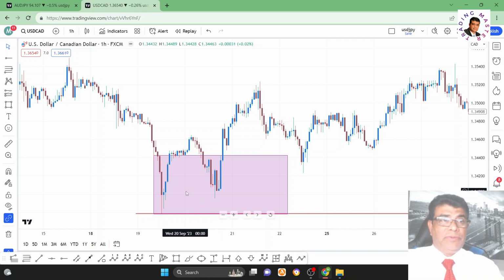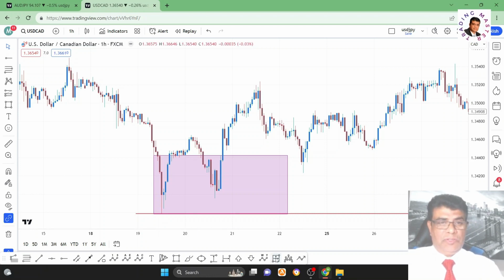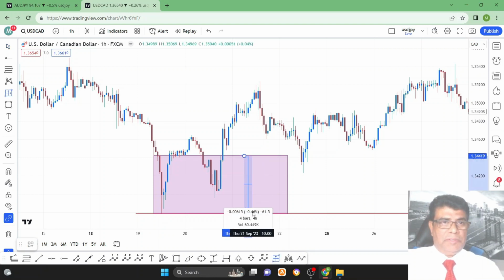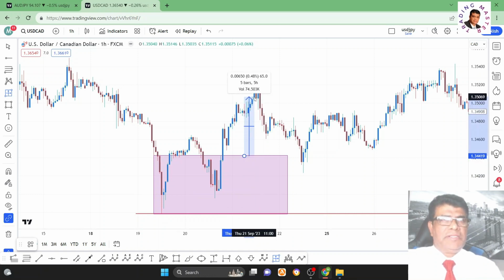So I would be taking a long position somewhere here. And when you trade order block, always 1-to-1. Okay, so for example, from here to here is somewhere like 64 points. My target would be somewhere here, 64 points.